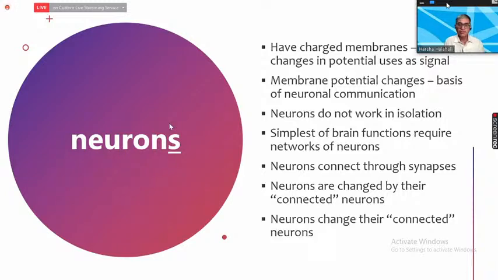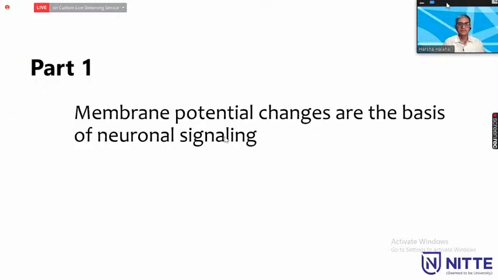Neurons change the neurons to which they are connected. This is an extremely important aspect of brain functioning: neurons work in networks, neurons affect other neurons, the way neurons are connected to other neurons changes over time, and neurons are affected or changed by other neurons.